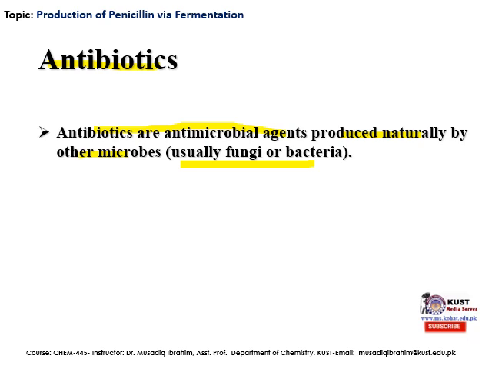Now, the important thing here is that microorganisms produce primary metabolites and secondary metabolites in their metabolism, and most of the secondary metabolites are beneficial and some of them are antibiotics.